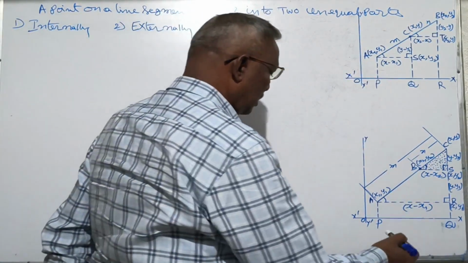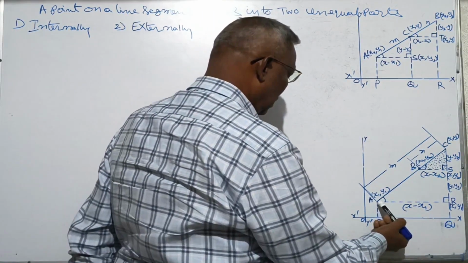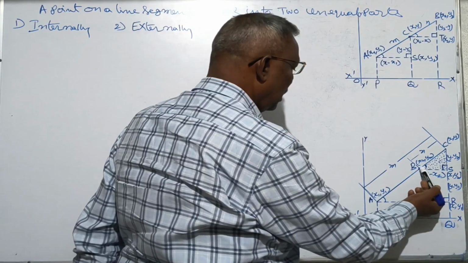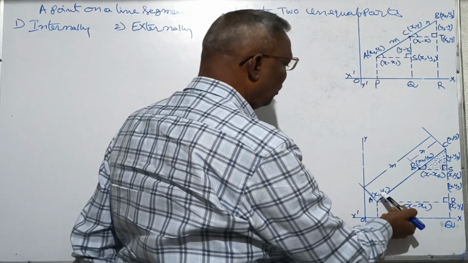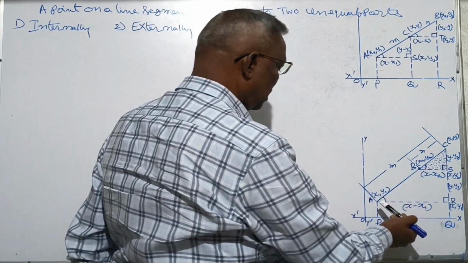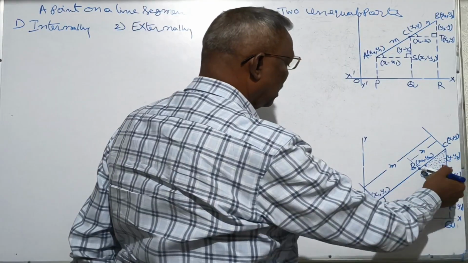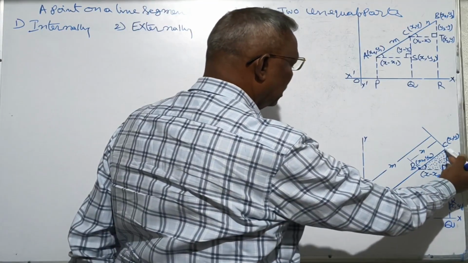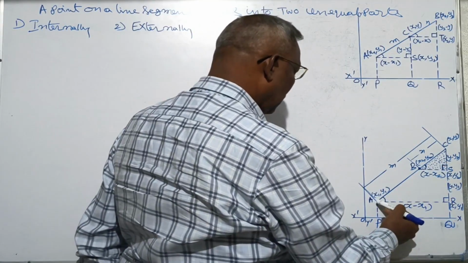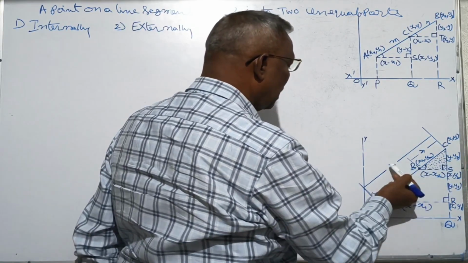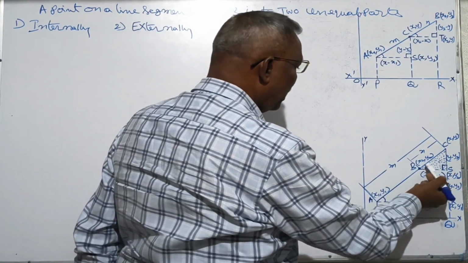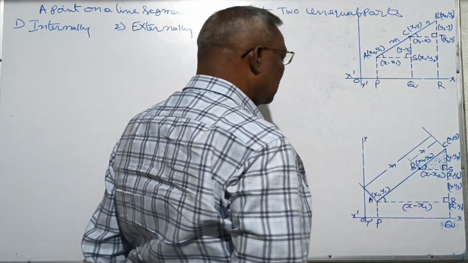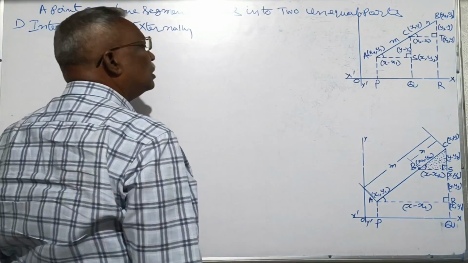Similarly, the same line segment AB divides into two unequal parts externally. So that is outside. Complete from A to C is m, B to C is n. That is m is to n ratio.